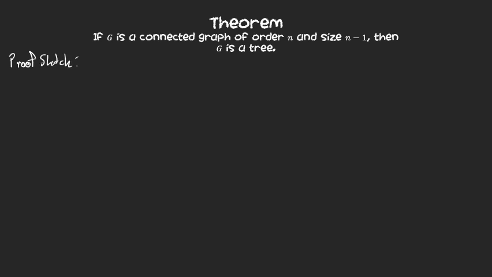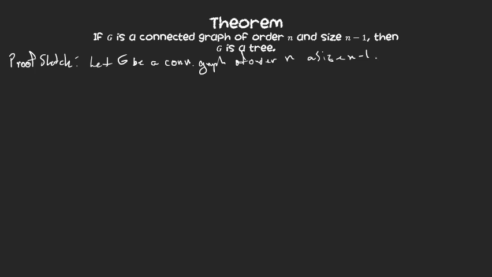We're actually going to do this one by contradiction. So let's give ourselves the hypothesis. We'll assume the hypothesis is true. So let G be a connected graph of order n and size n minus 1.